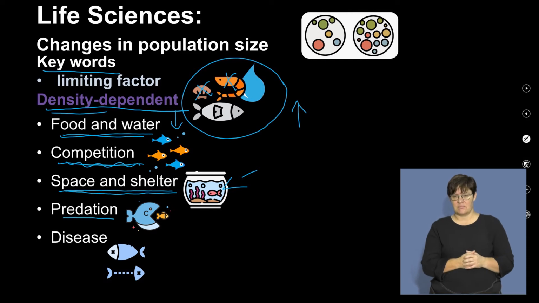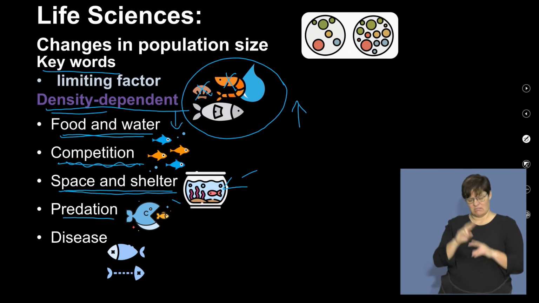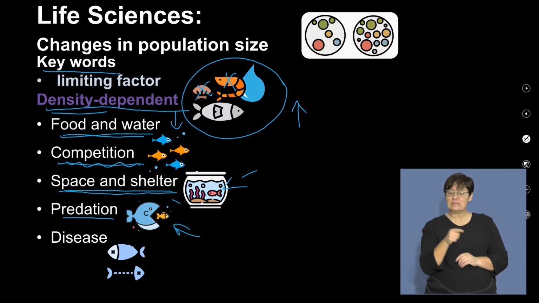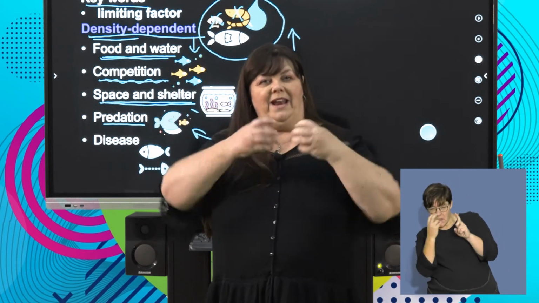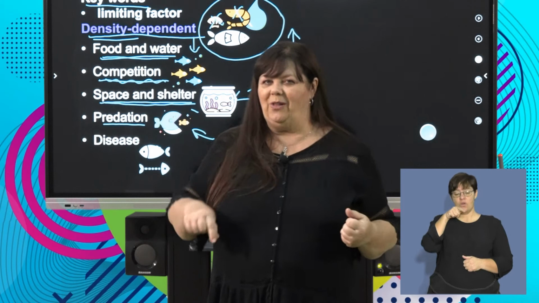What about predation? So what does predation mean? We're also going to explore this factor in a lot more detail, but predation means I eat you. I hunt you, I catch you, and I eat you. I am the predator, you are the prey.